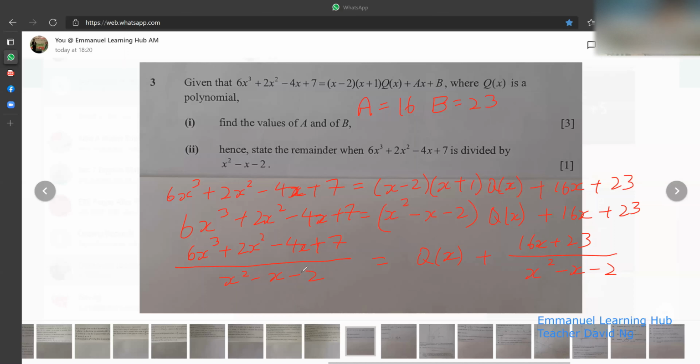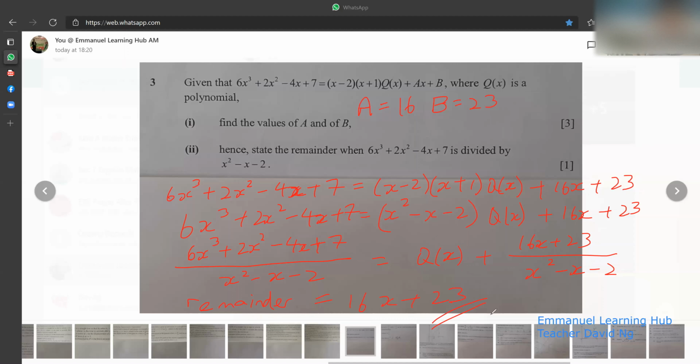So this one is your remainder and factor theorem. The dividend over the divisor is equal to the quotient plus remainder over divisor. So my remainder would be 16x plus 23.